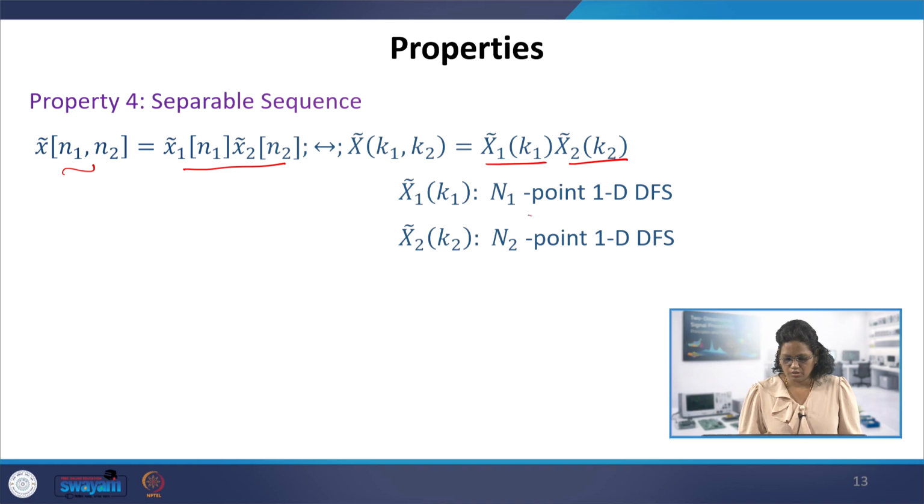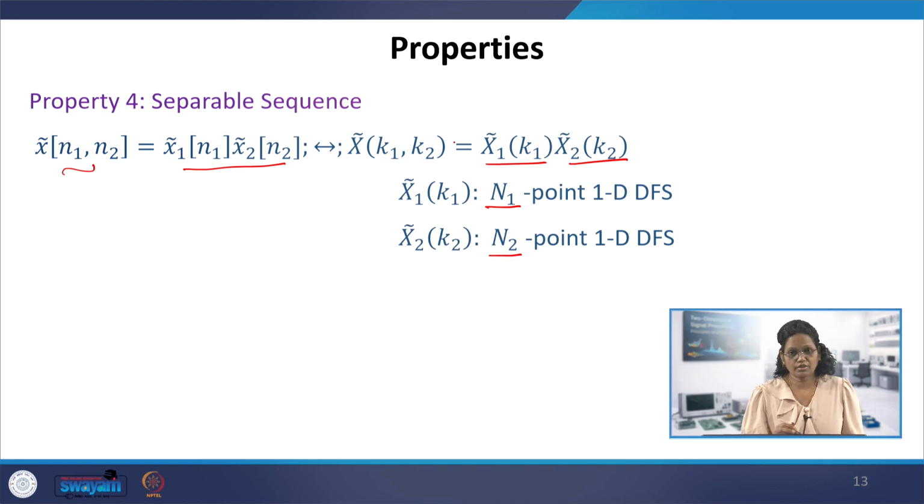The assumption of this DFS is n1 periodicity and n2 periodicity, with lengths n1 and n2. In that case, this can be separated. As we have shown for the DSFT, if this can be written as a product of two sequences, then its frequency domain is also a product of two sequences, X1 and X2.